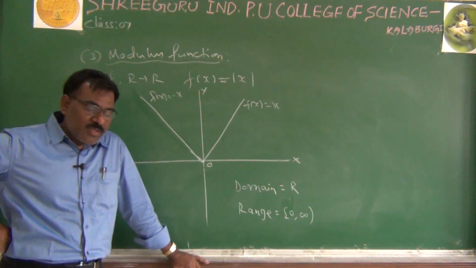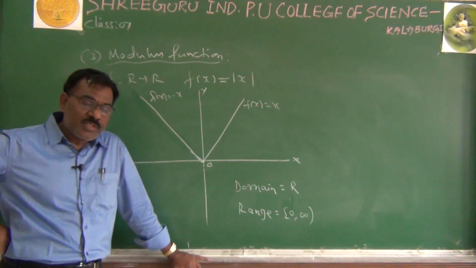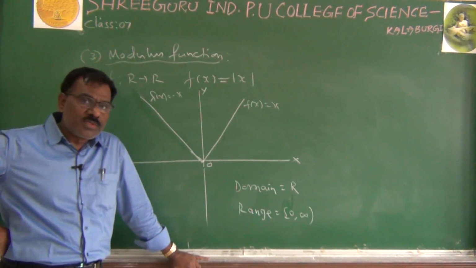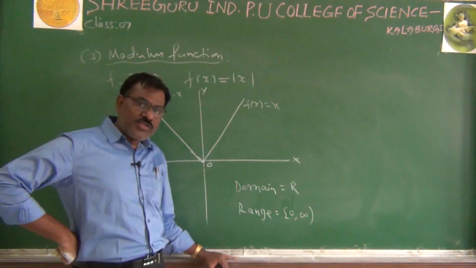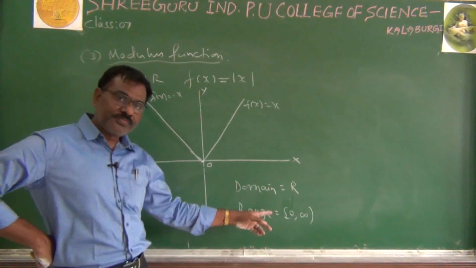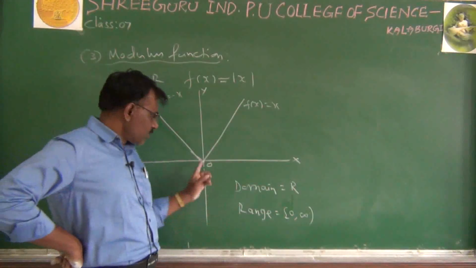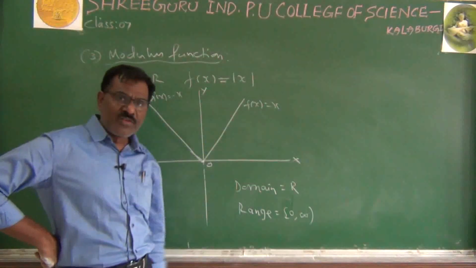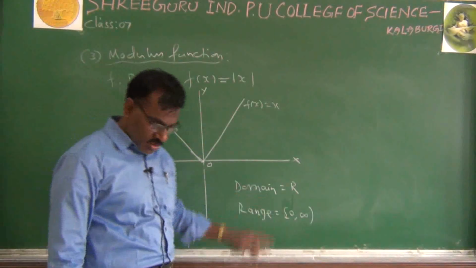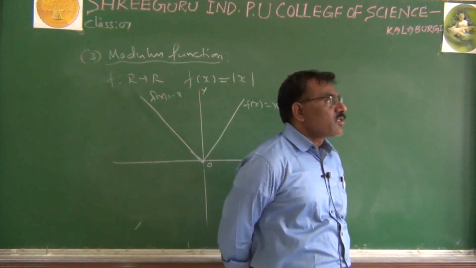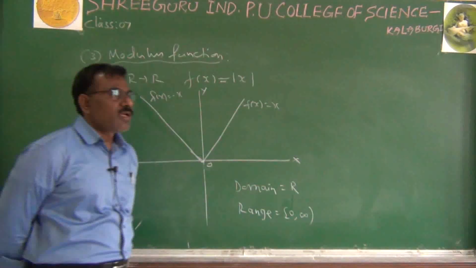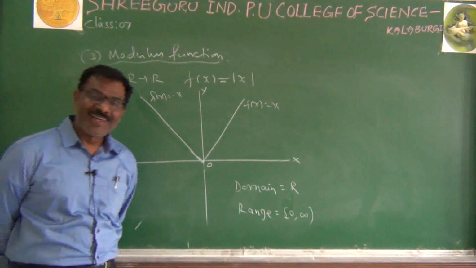Functions are a very important chapter, because not only in mathematics but in physics and chemistry, most problems use the graph method. The graph method is a shortcut, okay? The range means 0 is included, and the line extends up to infinity. Domain is R, range is 0 to infinity. So the modulus function is symmetrical about the y-axis.